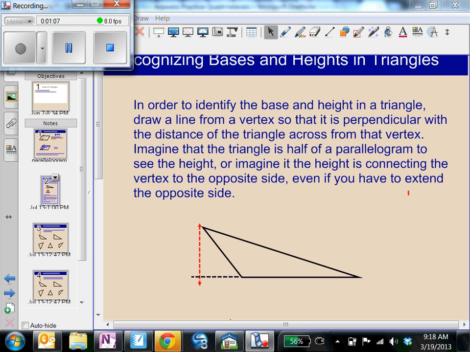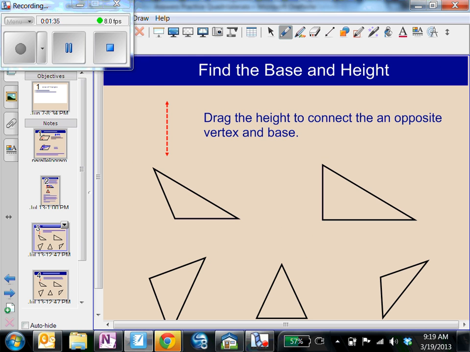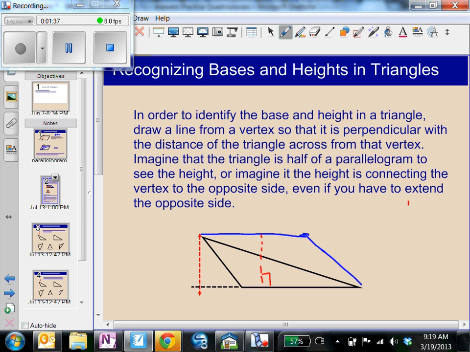So if you can imagine in this particular diagram having a parallelogram, it would come something like that. Here's our parallelogram, and our height would be the perpendicular distance between the two bases. So up here at the top we'd have a base.